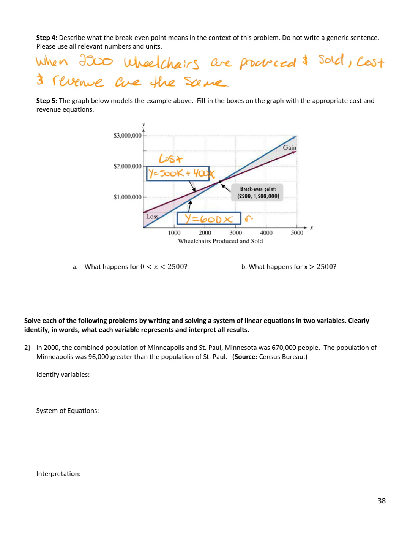Cost, revenue. And then you see that for the first 2,500 wheelchairs, money is coming in, we have revenue, but our costs are greater. So this shaded area represents losses. So we're losing money until we hit 2,500 wheelchairs, and then we start to have some profits. At this point, we knew the 2,500, we solved for that.